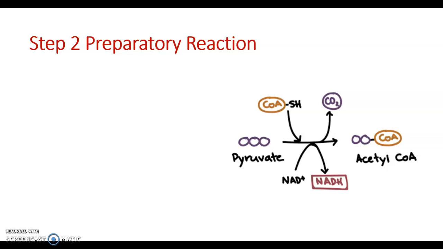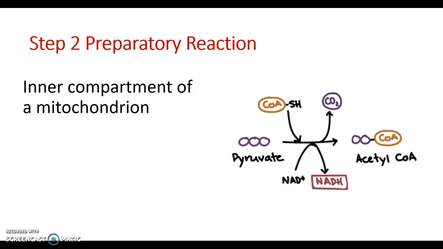Step 2 is the preparatory reaction, or sometimes it's called the transition reaction. And this happens in the inner compartment of the mitochondrion. So now we have entered the mitochondria and we're in that inner phase. So here, the pyruvate interacts with an enzyme called coenzyme A, and it's going to remove 1 more carbon from each of those pyruvate molecules.